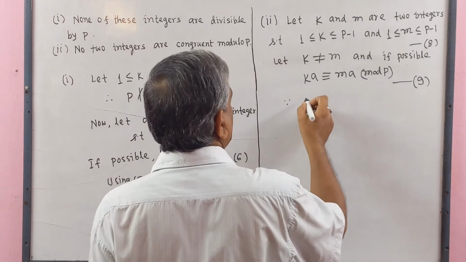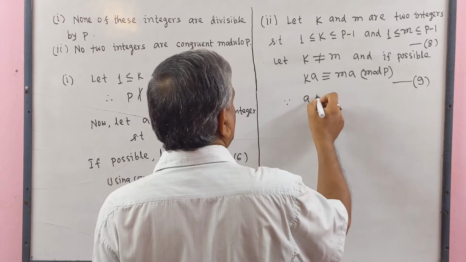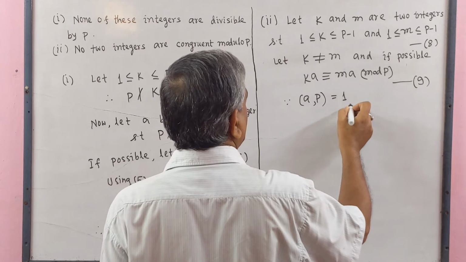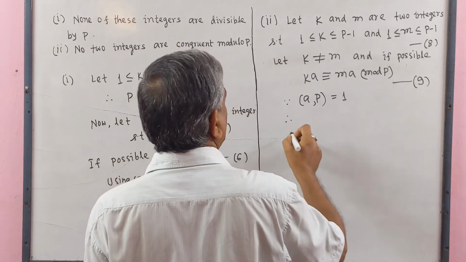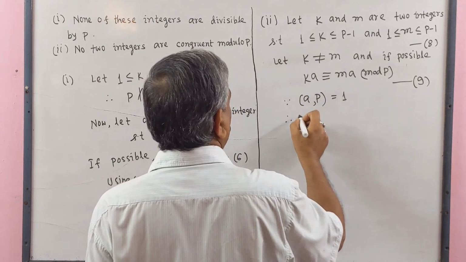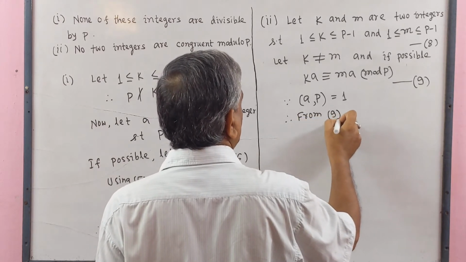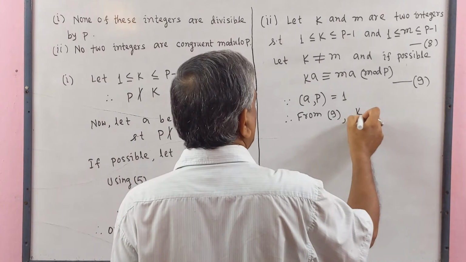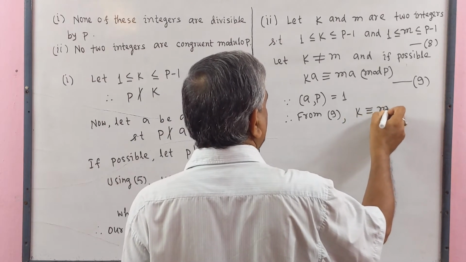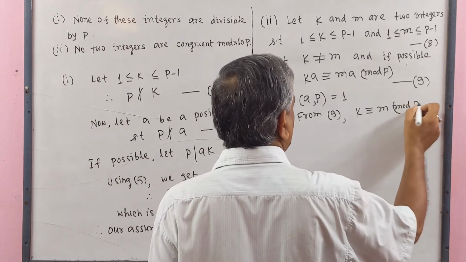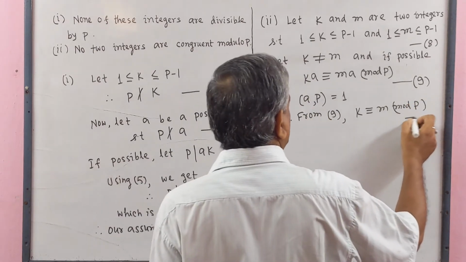Since GCD of A and P equal to 1, therefore from 9 K is congruent to M modulo P. This is number 10.